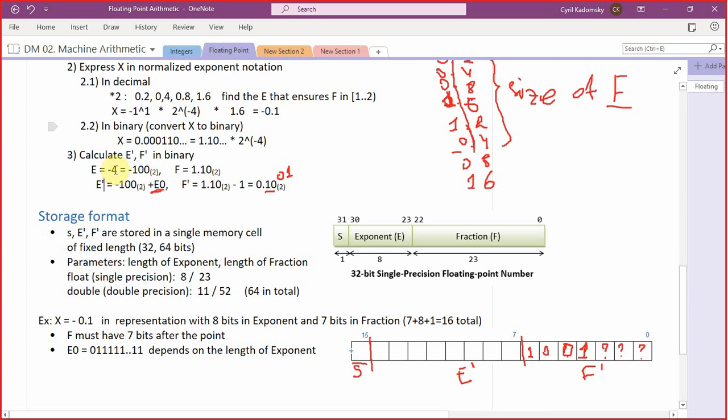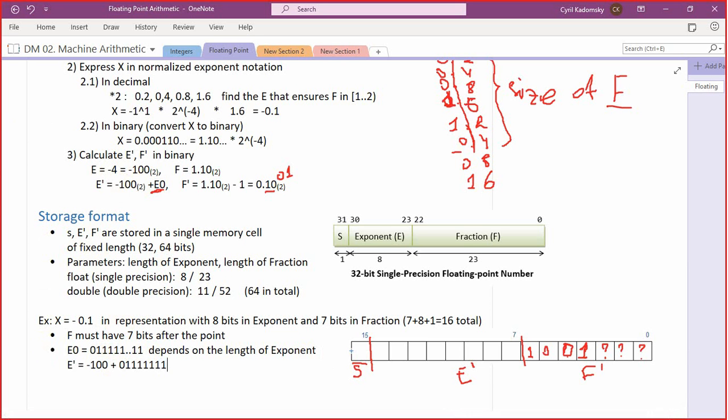In our example, we should calculate our exponent in biased form, which should be equal to minus 100, as we started from, in binary, plus 0, 1, 1, 1, 1, 1.